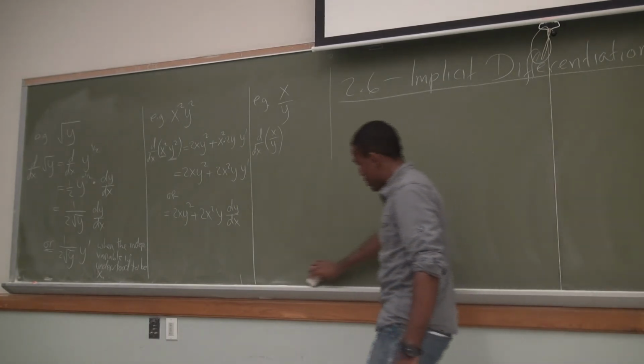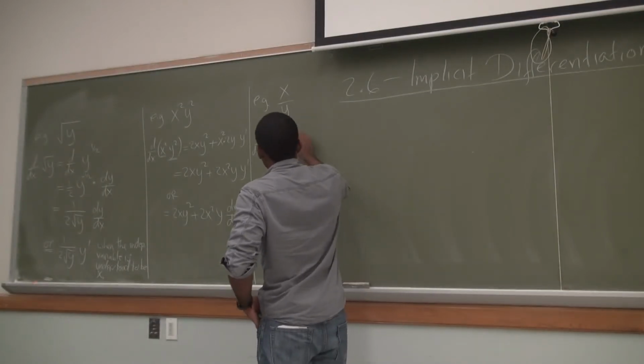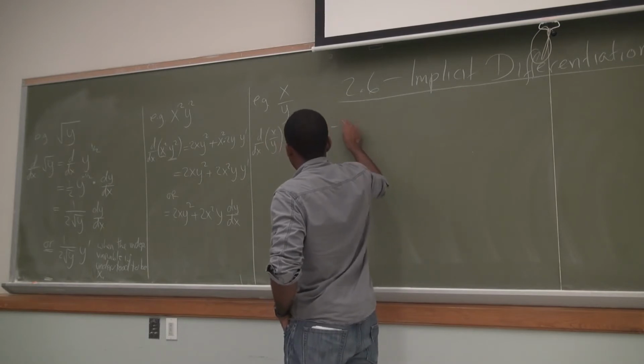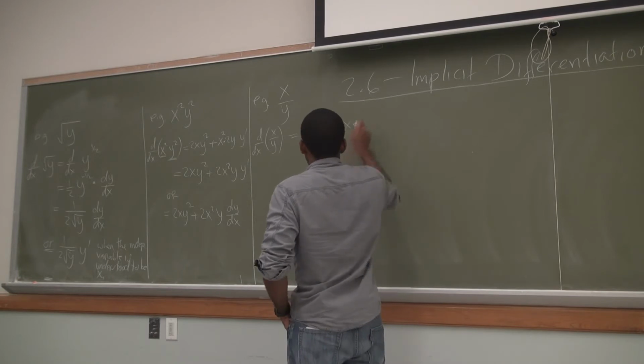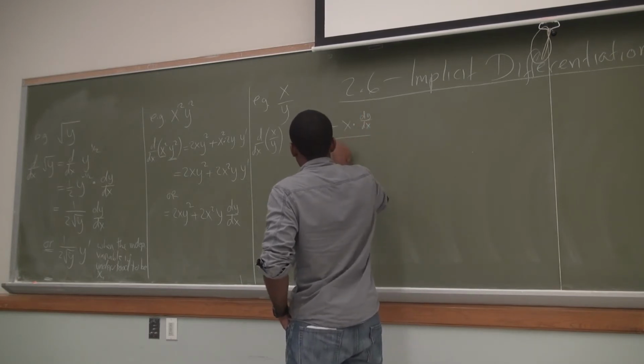Let's say I want to use a quotient rule. So this is the bottom times the derivative of the top minus the top times the derivative of the bottom, which is what? dy dx all over the bottom squared.